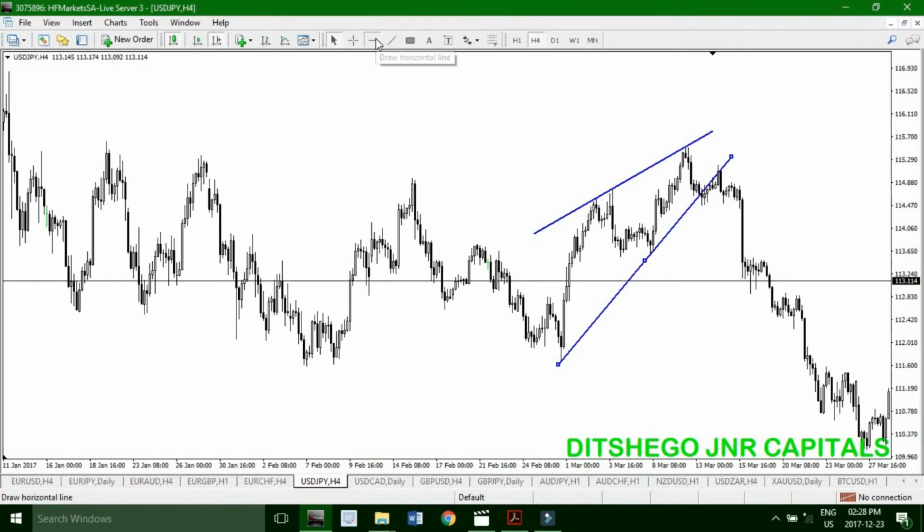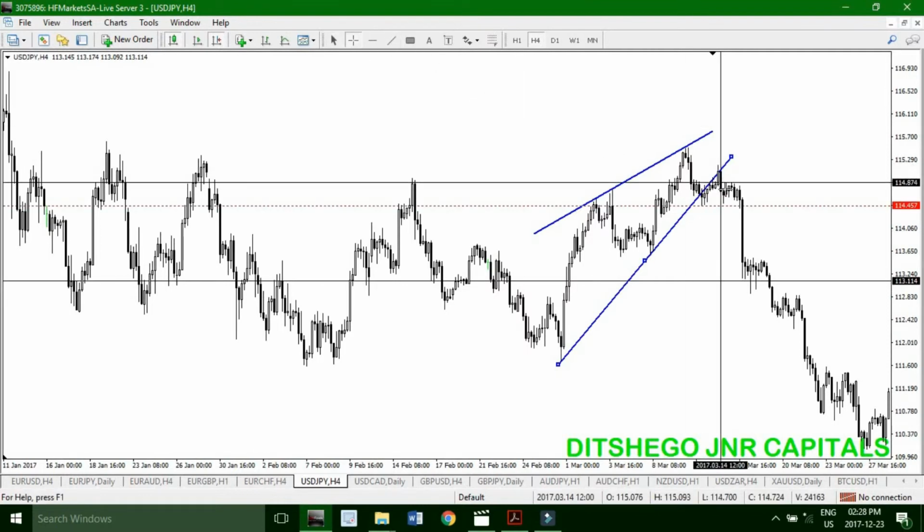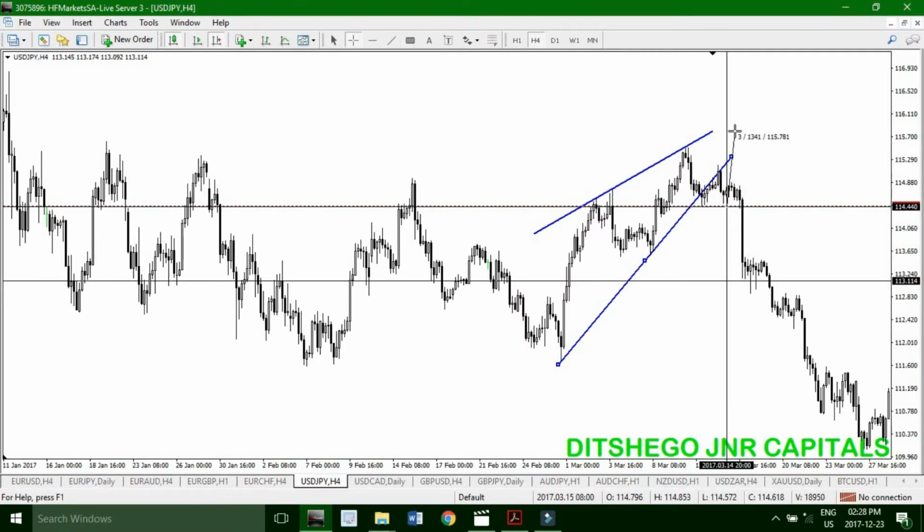So if we were to trade, it's our entry there, 500 points. Okay, so 500 points around this level.